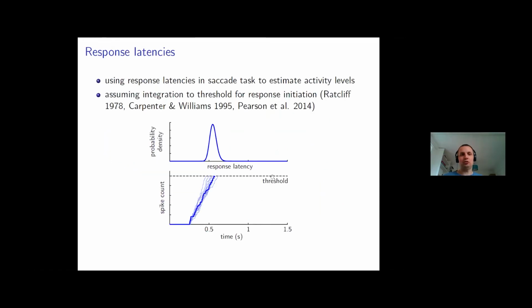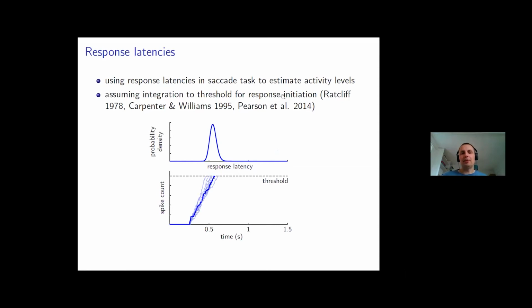So we took, in addition to that, response latencies into consideration. We're using a task with a saccadic eye movement as a response, which I'll explain in detail in a moment. It's basically the very simple task I had in the very beginning. You just have to select the location where some color was shown.